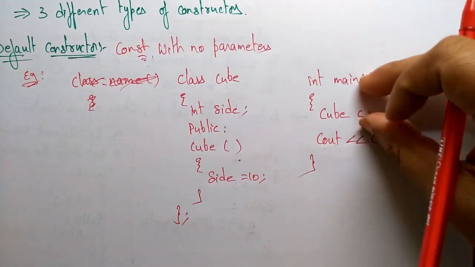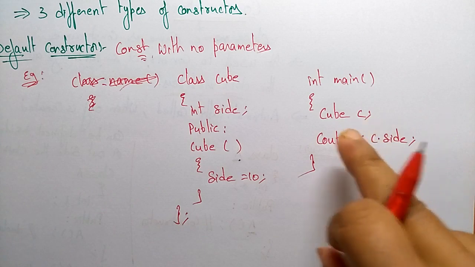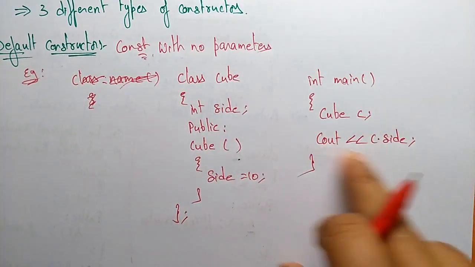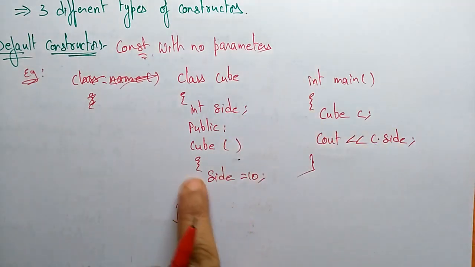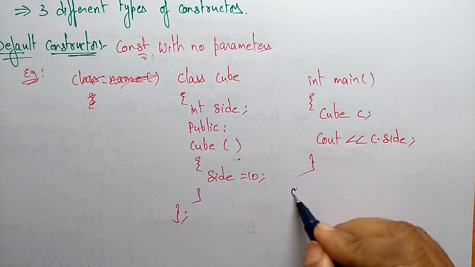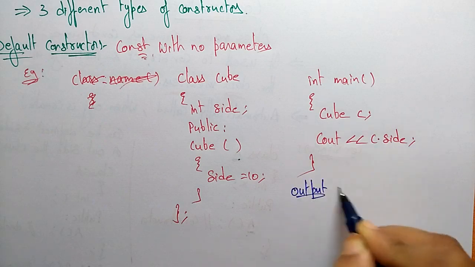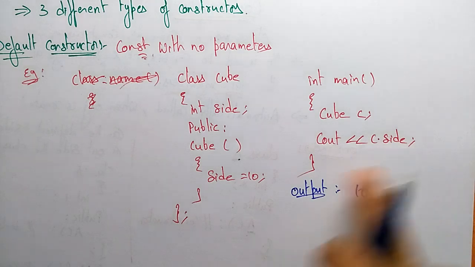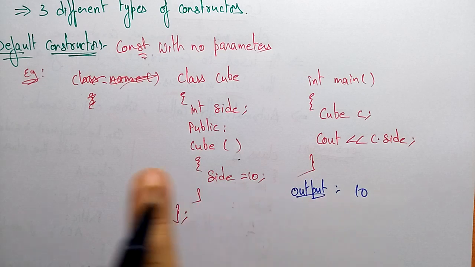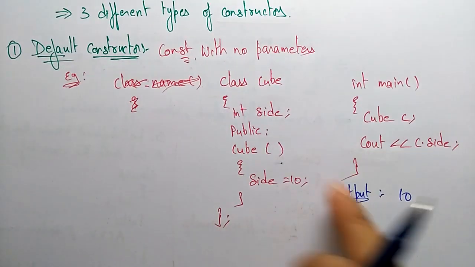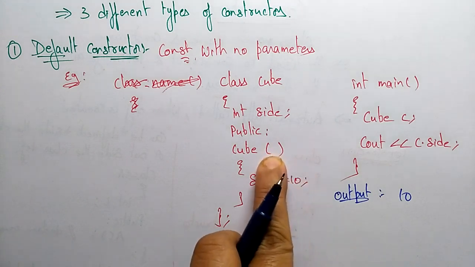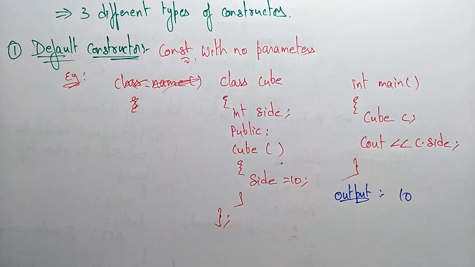What will be the output? The output will be 10, because the side value is 10. So this is the default constructor, a constructor with no parameters.